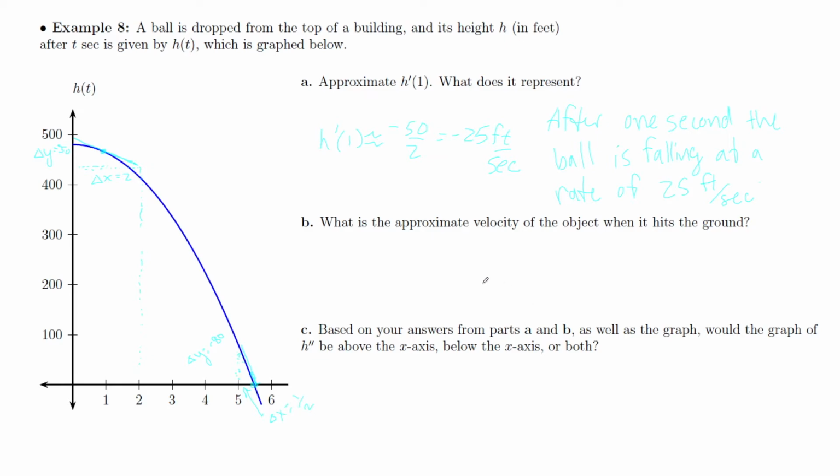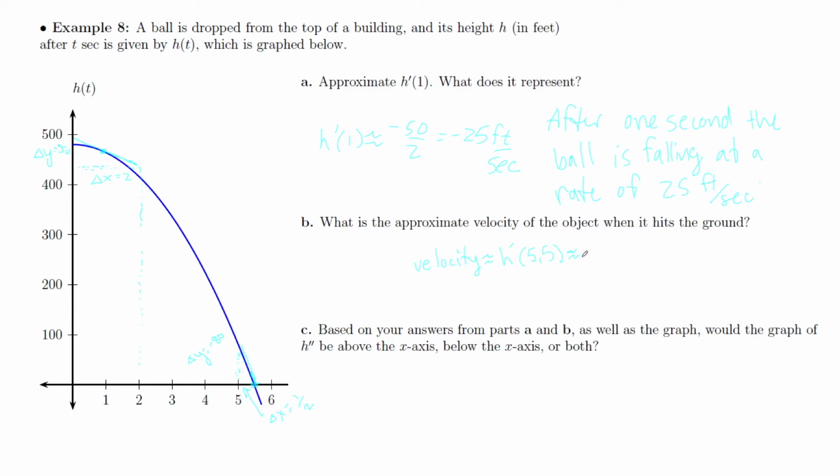So if I do that, then I can say the velocity at that point, and we don't have an equation for this so I don't know it exactly, is basically h prime of 5.5, just because that looks like the time it's going to hit the ground.